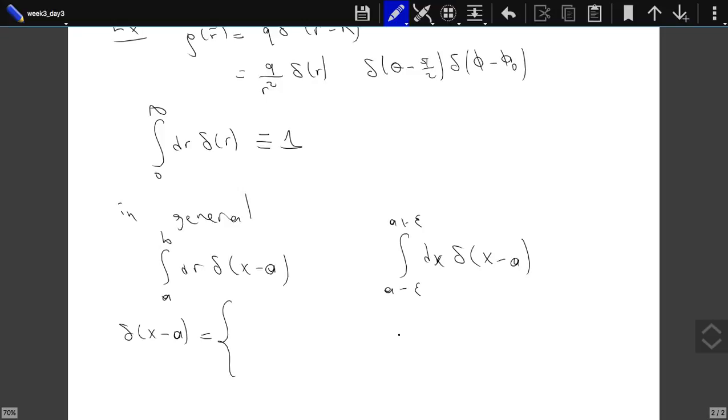But you could have also said, okay, let's take this limit, a plus epsilon to b. In the limit as epsilon goes to 0, this is again an integral from a to b, but its value is different. So which limit you should take depends on your physical case.